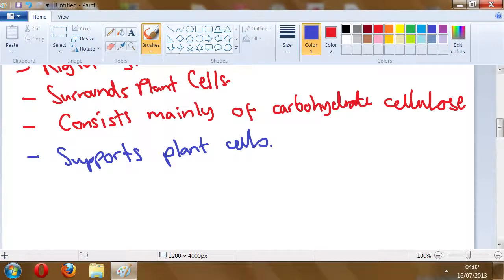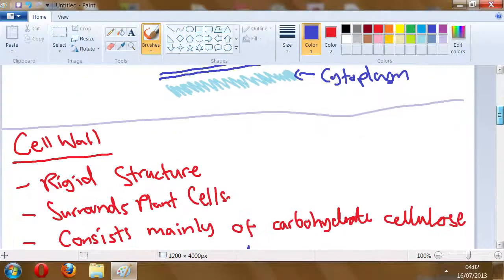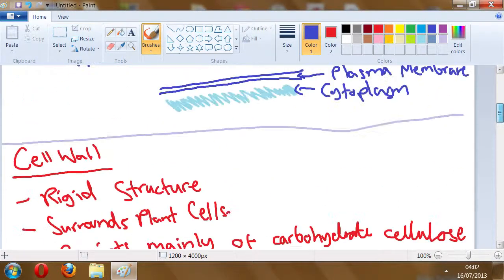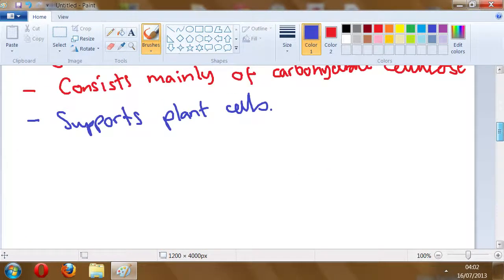And once again, I can do the plasma membrane. So there's the plasma membrane.